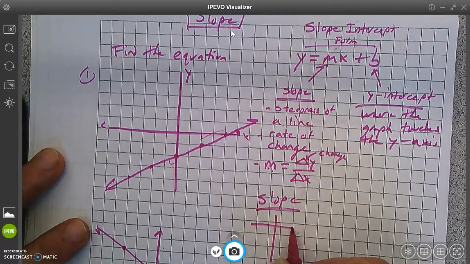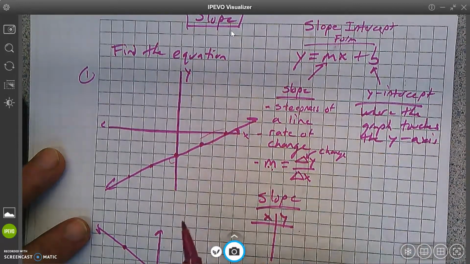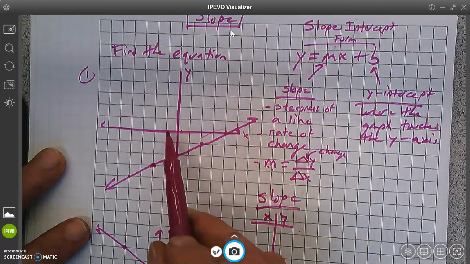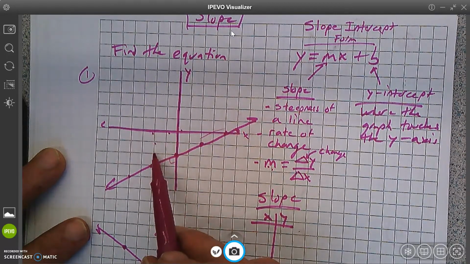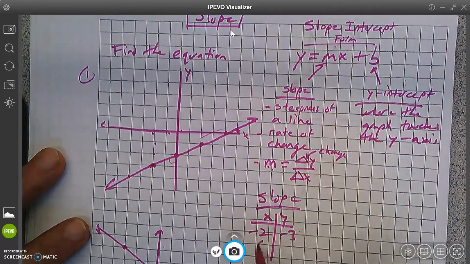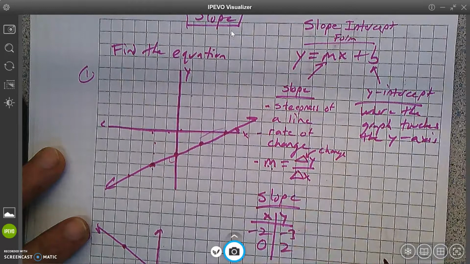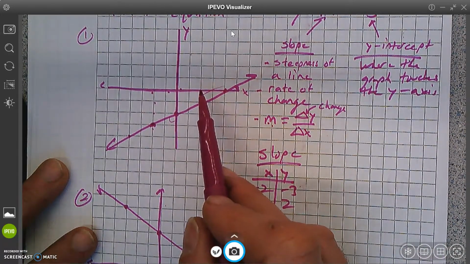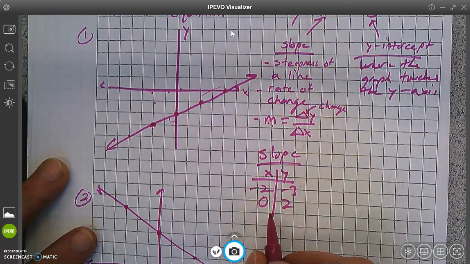So let's get 2 points, at least 2, in a row. So let's choose this one. This point is 0, negative 2. This point is 2, negative 1.